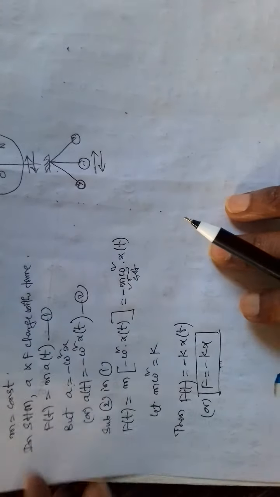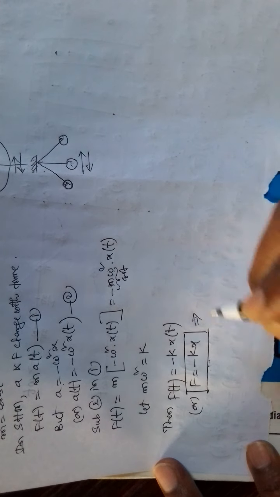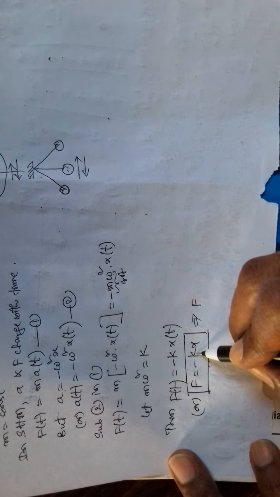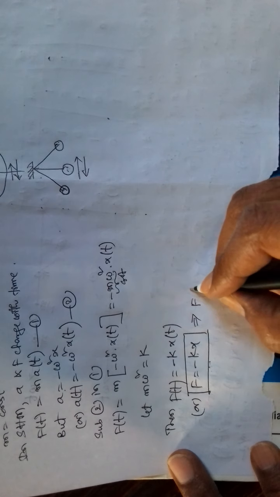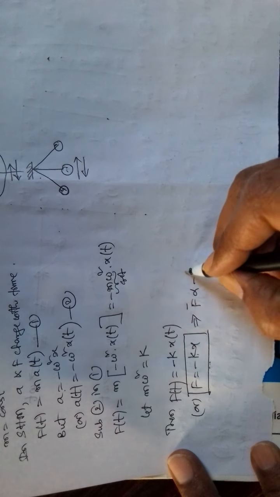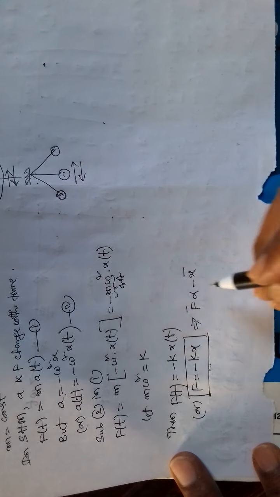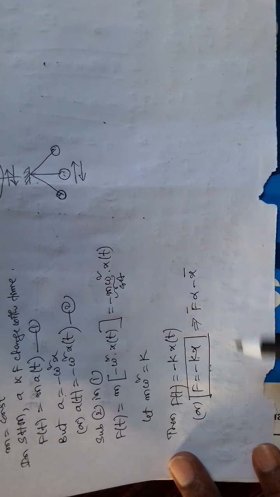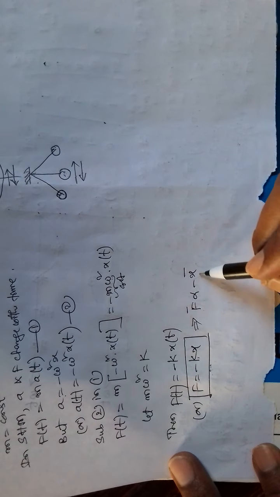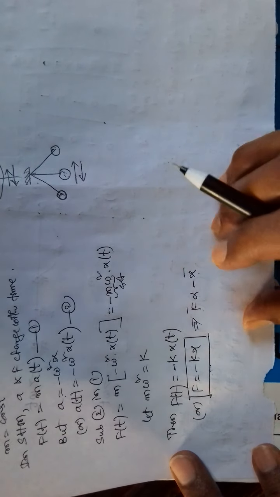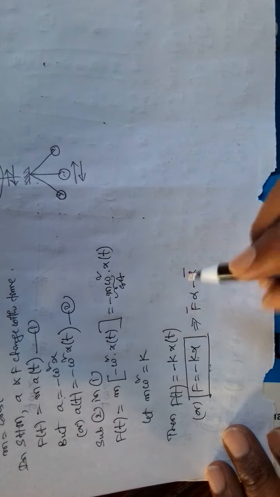By looking at the equation, if this is taken as a proportionality constant, you can write F directly proportional to minus x. Both are vectors. Displacement is a vector, force is a vector. So one thing, force is directly proportional to displacement.